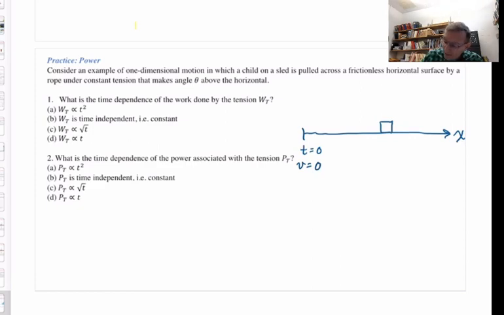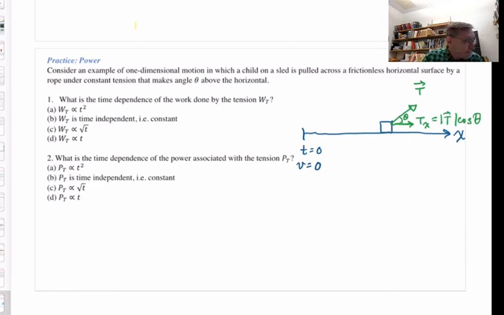So there'll be a tension force up and to the right that makes an angle theta with the horizontal, and that little arrow right there is the x component of the tension. Note that that x component would be magnitude T times cosine of that angle theta. And the tension force is constant.